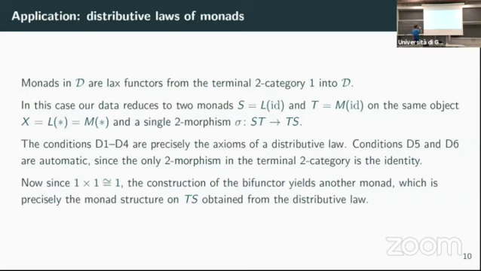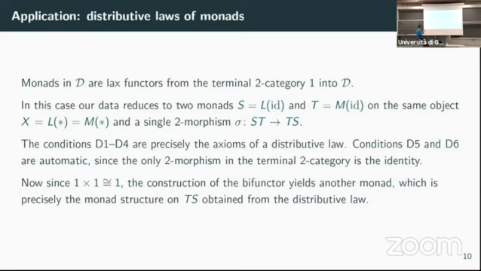And indeed, the first 4 conditions are precisely what it means to be a distributive law. And the final 2 conditions are going to be automatic in this case because they involve the 2 morphisms, but we only have the identity 2 morphism. And when we apply our construction, because the product of the terminal category with itself is again the terminal 2 category, this gives us another monad back.